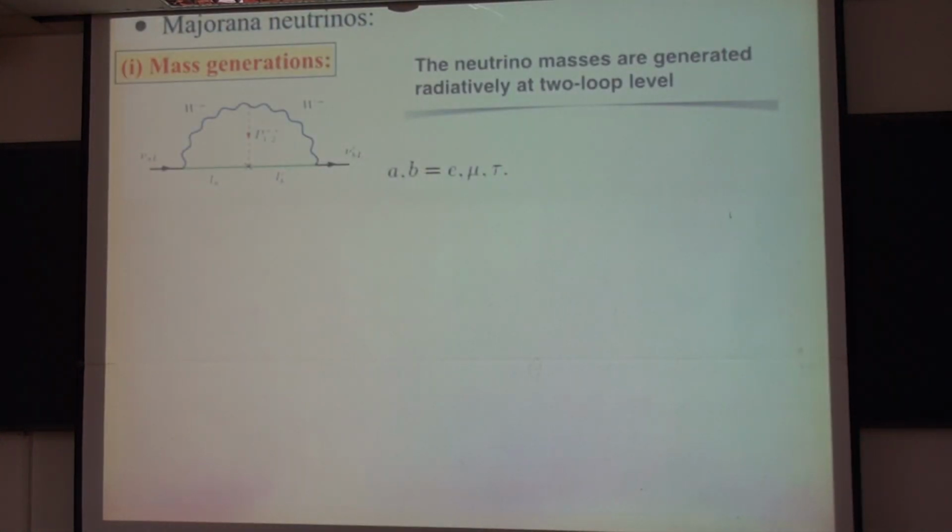Now let's talk about Majorana neutrinos. First is mass generation. In this model, the neutrino masses are generated radiatively at two-loop level from this type of two loops. This is the mass eigenstate of the doublet charge scalar, and it couples with the doublet. This two-loop can be calculated easily.